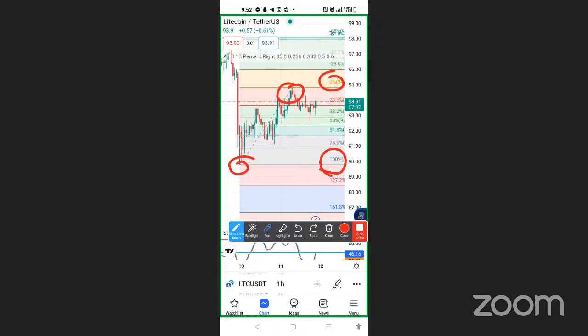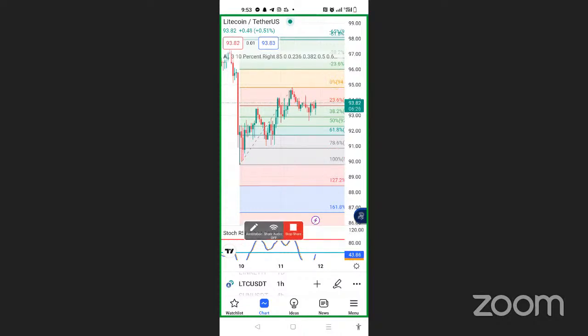In the previous trend, if you are able to see, the market moved from 0 to 100, which means this trend is on an uptrend. And if it is going to continue going up, it has to retrace.